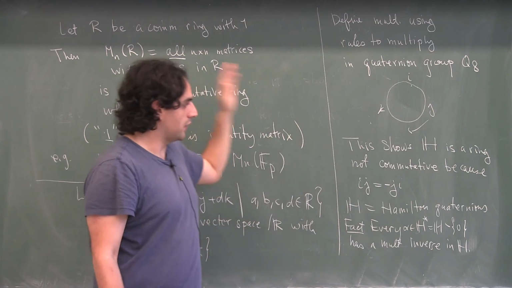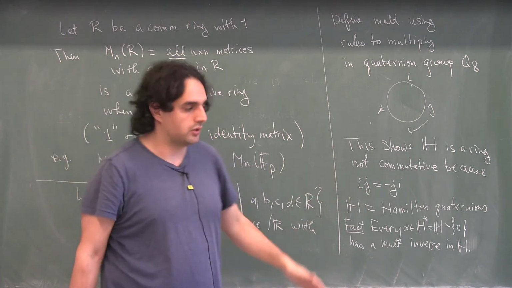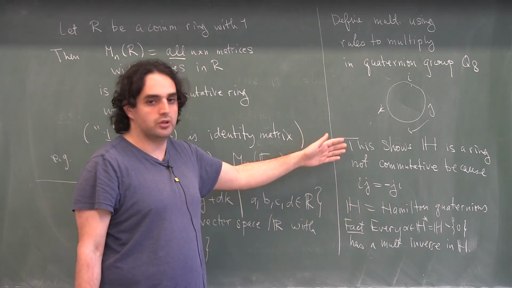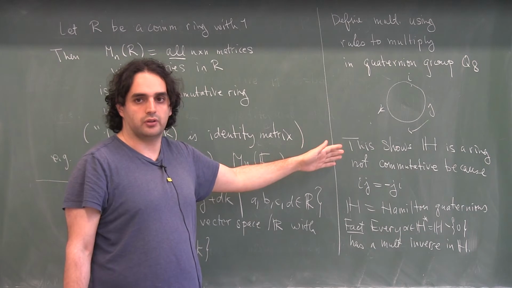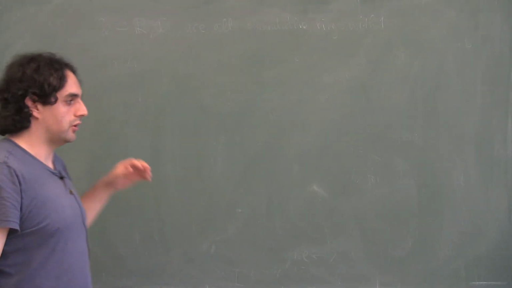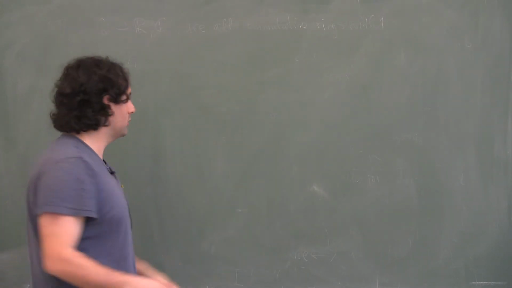So as I will next state on the board, a ring with this property is called a division ring. If, in addition, it is commutative, then it is called a field. Okay, so let me just write down what I just said about division ring and field.